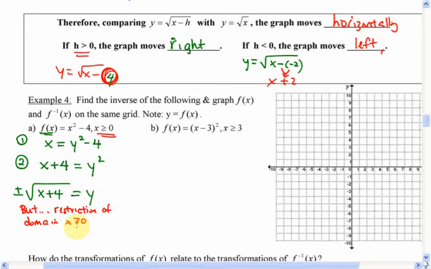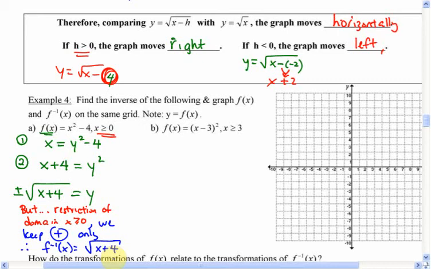So when you do the inverse, you get the actual square root. That's the top portion. So can you please make a note here? Because of the restriction domain of x is 0, we keep the plus part only. Okay? So therefore, your inverse function is actually the square root of x plus 4, because I put the restriction on there up top. I gave that to you in the question.